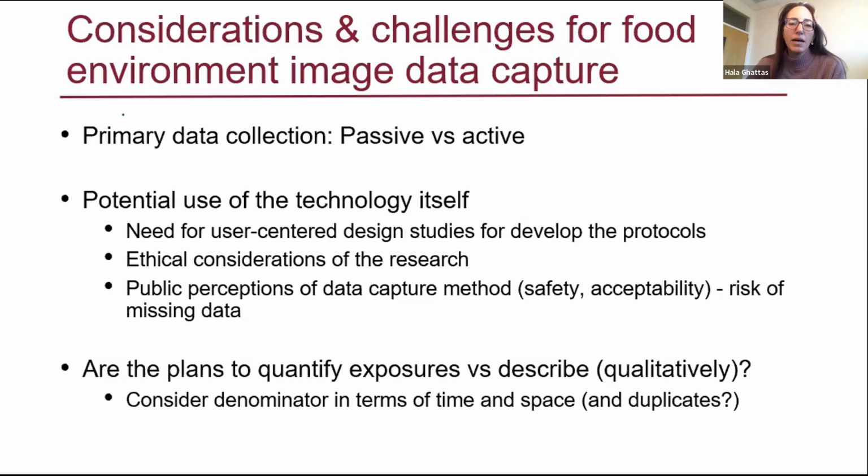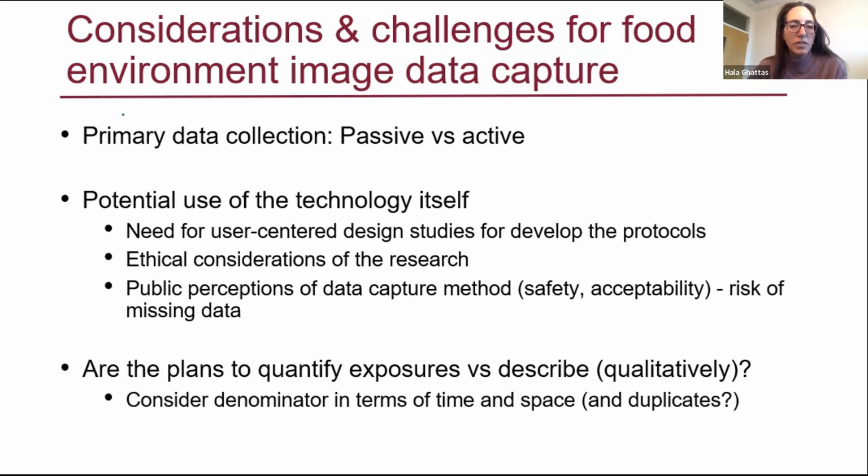So for example, in our context, we had issues around safety and acceptability in certain neighborhoods in Lebanon. It was impossible to obtain municipal permission to take pictures on streets.